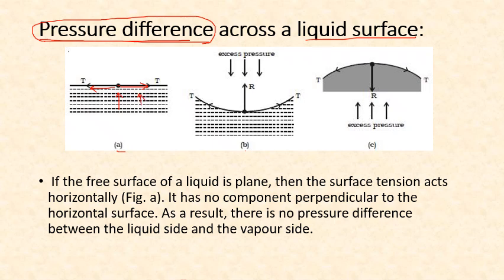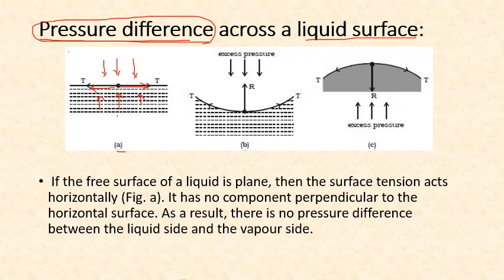So we have PL, the pressure put by the liquid onto the molecule, and the fourth one is the pressure put by the vapors onto the molecule in this direction. So a molecule here will experience four types of pressure from four different directions.